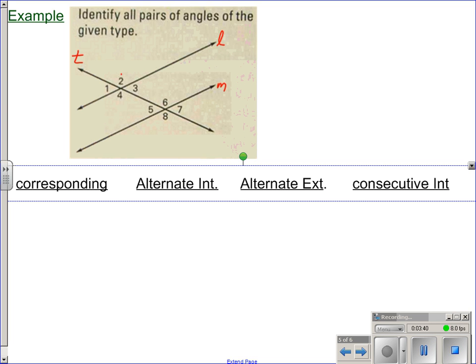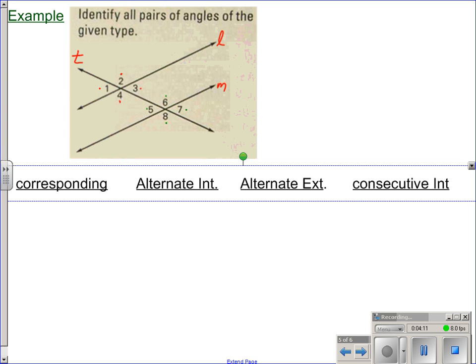So I'm going to look at these. 2 is the upper angle. 1 is the left, 4 is the lower, 3 is the right angle. Not a 90-degree angle, just the one on the right. We're going to do the same thing for these other four angles being formed by the intersection of line M and T. Angle 6 is the upper one, 5 is the left, 8 is the bottom, 7 is the one on the right.